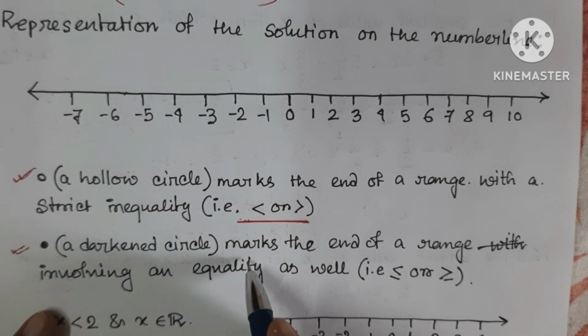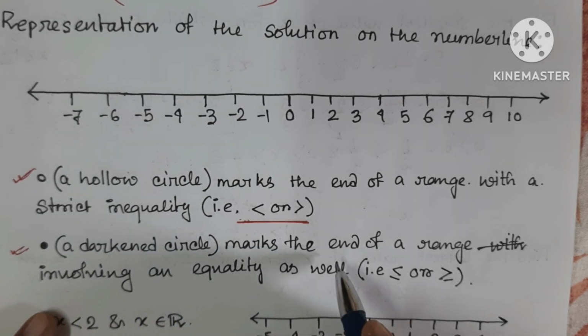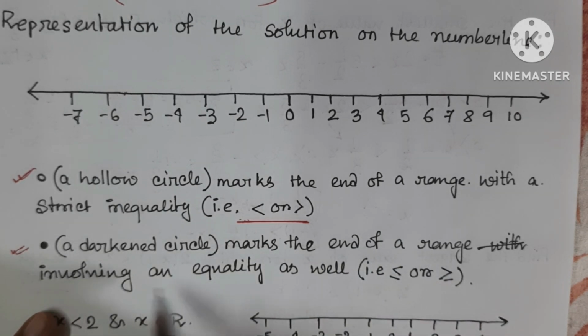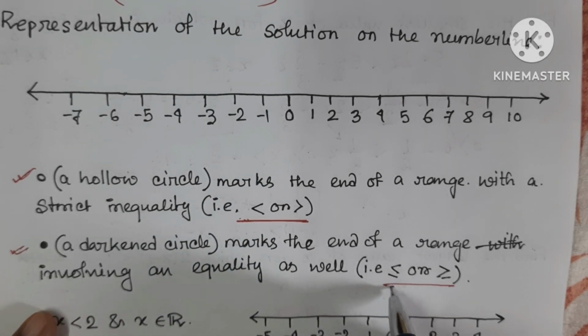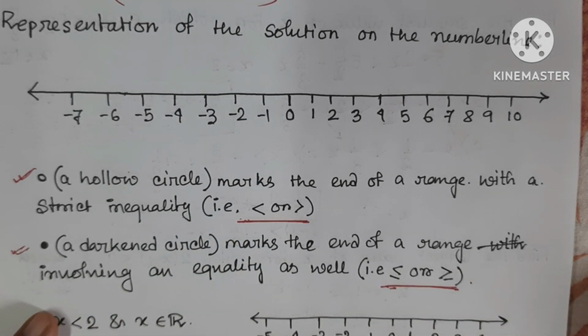Okay, darkened circles mark the end of the range if the inequality involves equality, that means if it is less than or equal to or greater than or equal to.